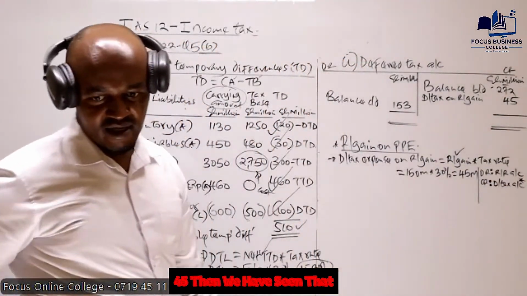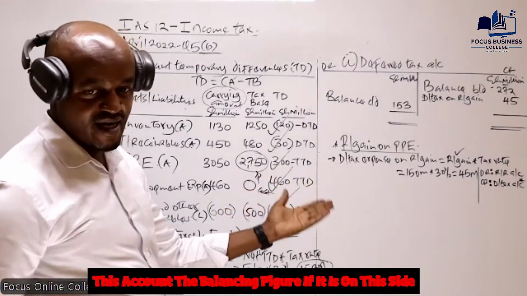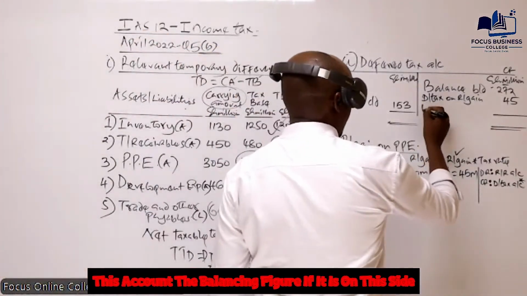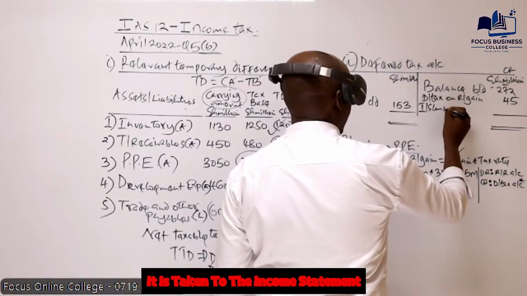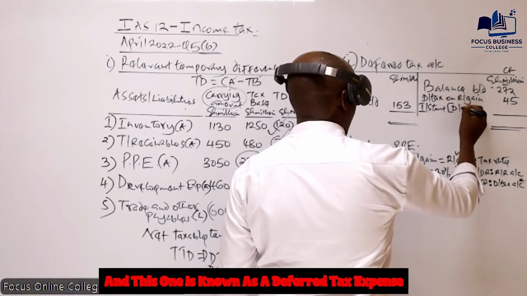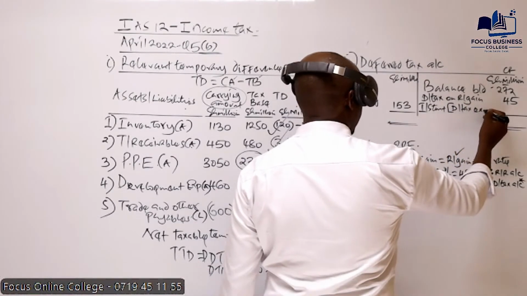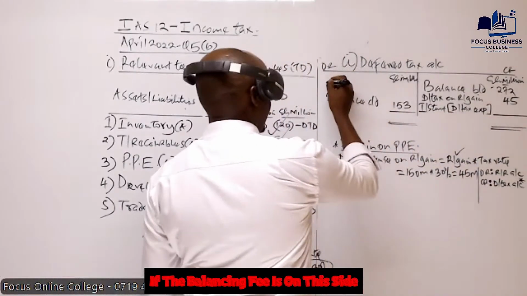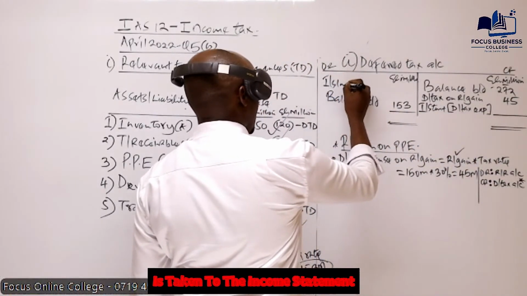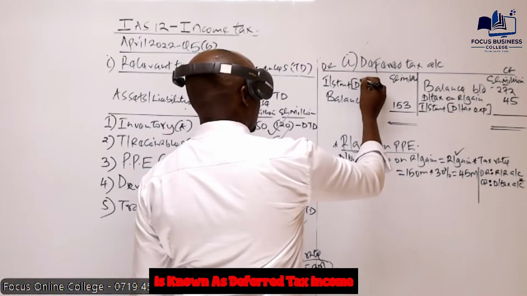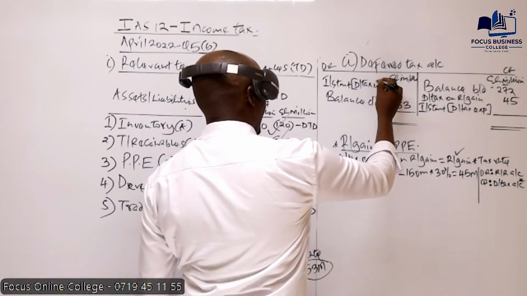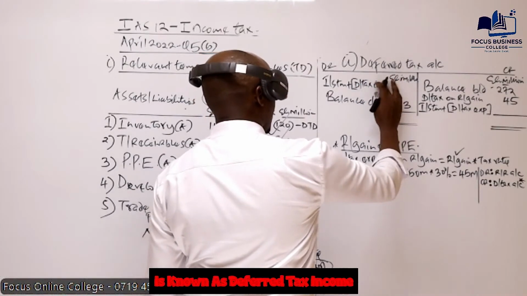Then the next thing we do is balance this account. If the balancing figure is on this side, it is taken to the income statement and is known as deferred tax expense. If the balancing figure is on the other side, it is taken to the income statement and is known as deferred tax income.